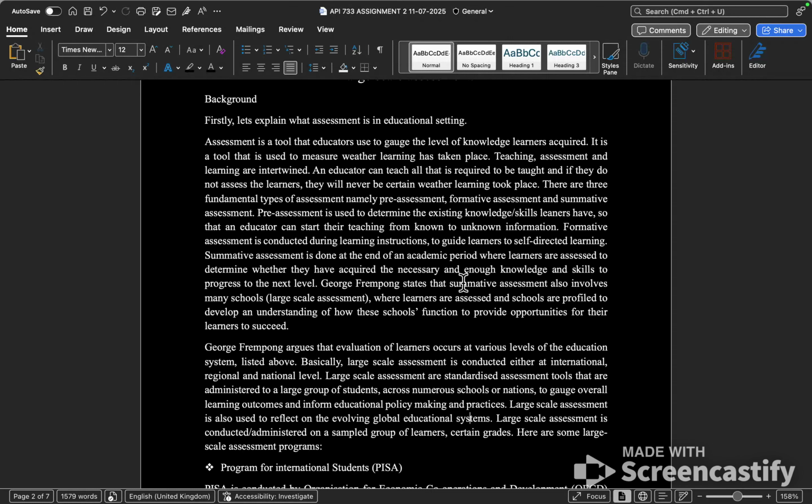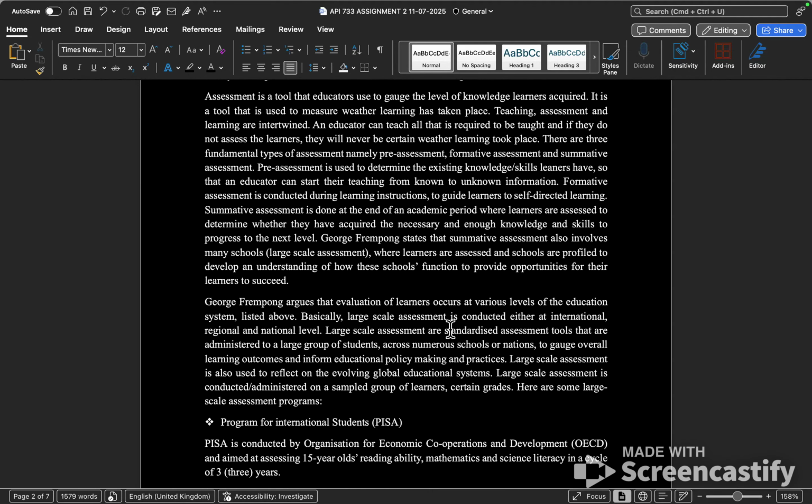It can be administered nationally, regionally or internationally. Now, when summative is administered on a large scale, it then becomes a large scale assessment. Now, that's how large scale assessment comes about.